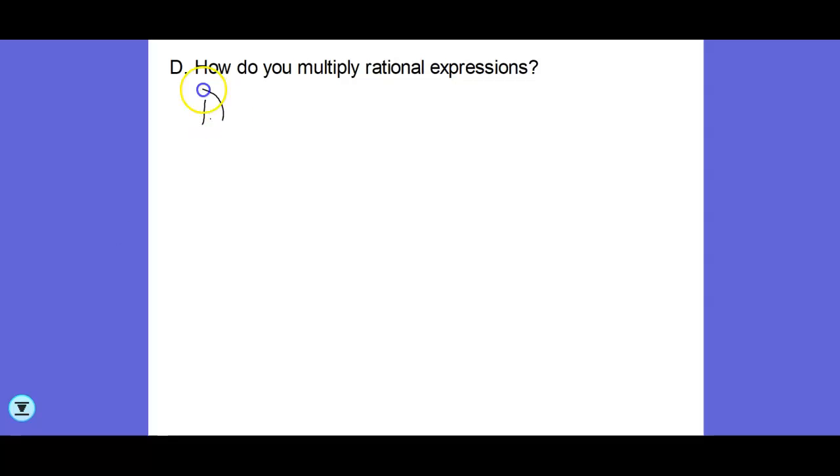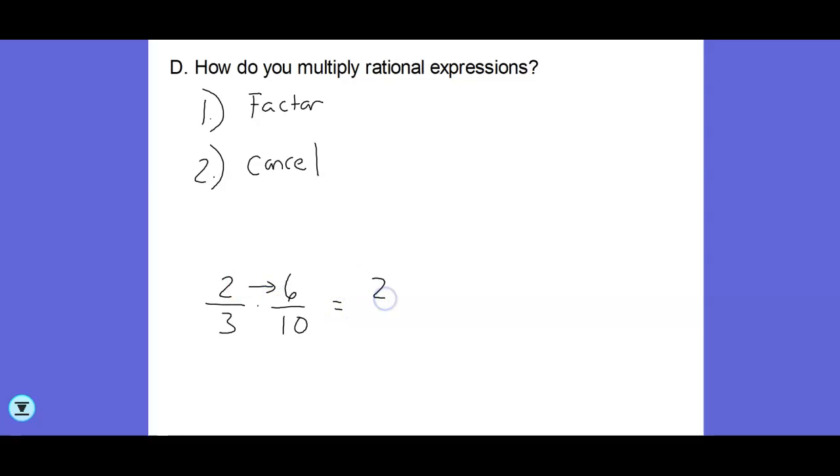Well, the good news is the steps are exactly the same as they are for reducing. All you do is you factor and you cancel. That's it. The reason the steps are the same is because when you have two fractions, like say 2 over 3 times 6 over 10, when you multiply, don't you just multiply the top times the top and the bottom times the bottom?